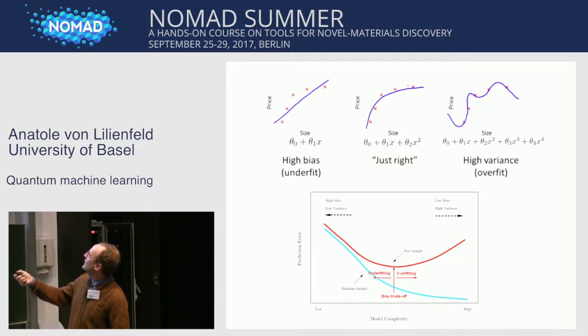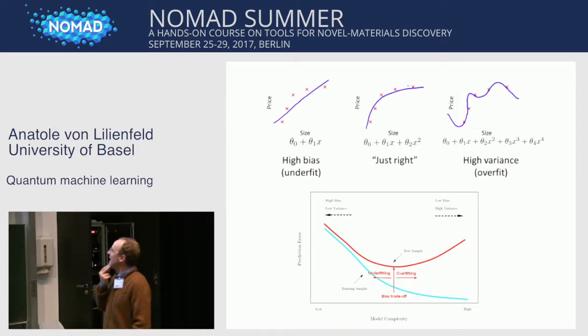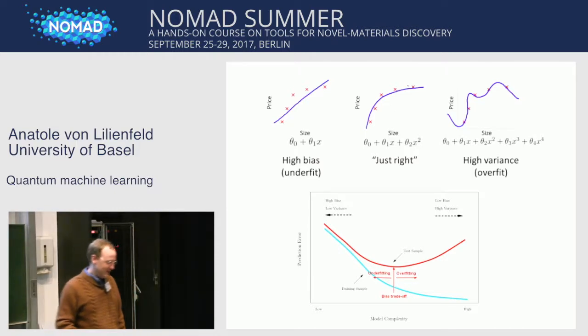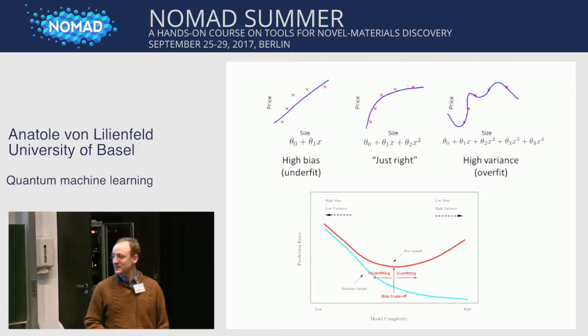Either you'd be under-fitting, you'd be just right, or you'd be over-fitting. And the same information is shown here. If this magenta curve is your error on your training set, and the red one on the test set, then there is some optimum where your functional form permits you to have the best compromise.